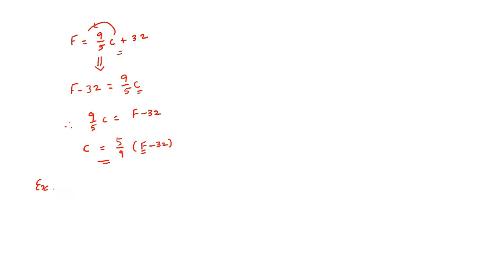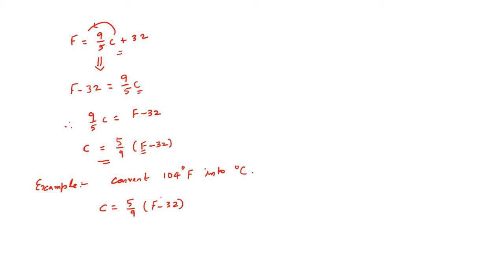So we take an example. What example are we going to take? Say convert 104 degree Fahrenheit into degree Celsius. So use this formula. C is equal to 5 by 9 into F minus 32.